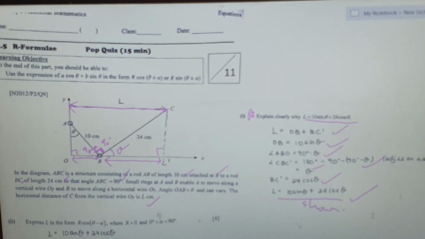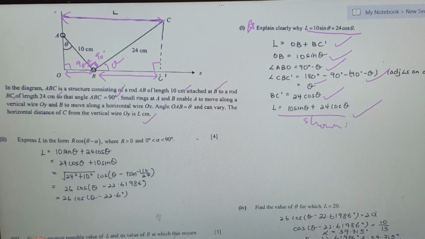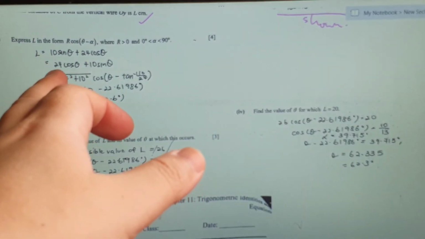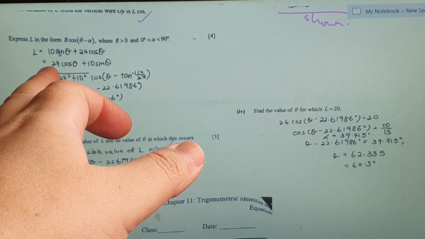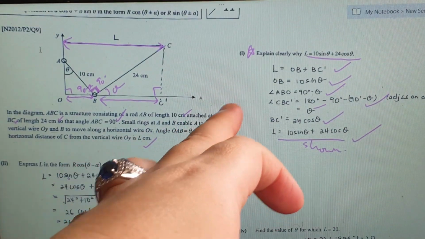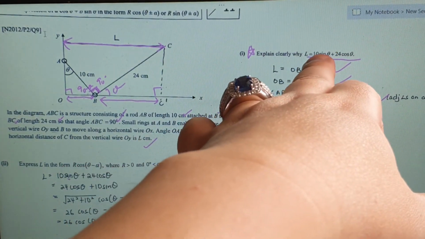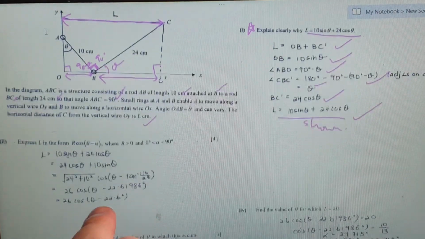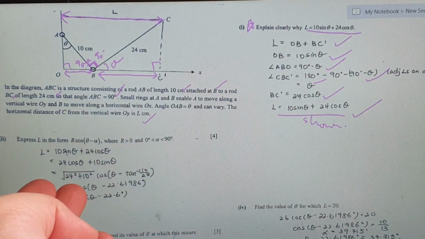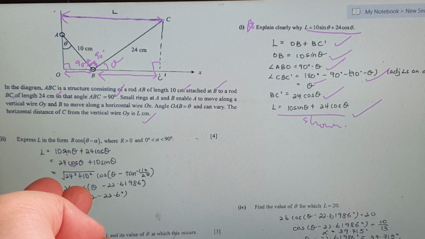Now next one. Express this in the form of this. This one very easy. I just want to highlight one thing. You see, now here sine comes first, but because they want cosine, I actually have to rewrite this with cosine first.